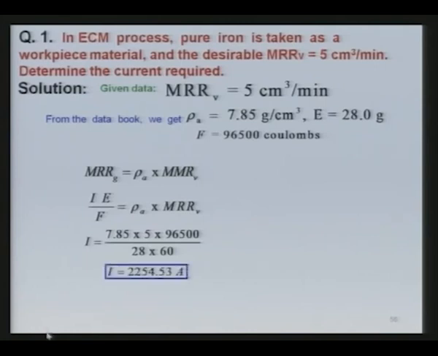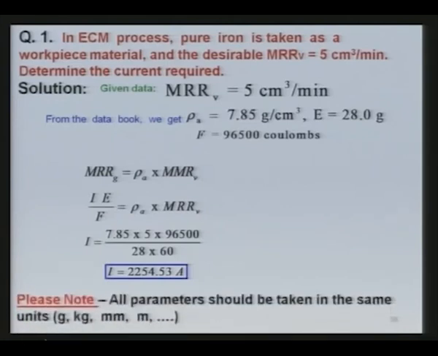So, finally, we get the current as 2254.53 ampere. Now, please note that all parameters should be taken in the same units: if you work in millimeter, then everything has to be in millimeter, or centimeter, then everything should be in terms of centimeter or meter.